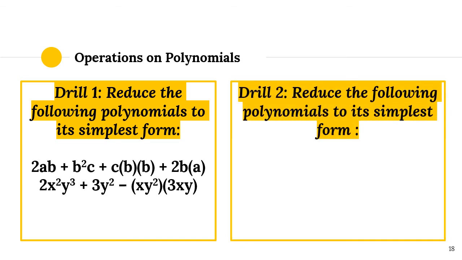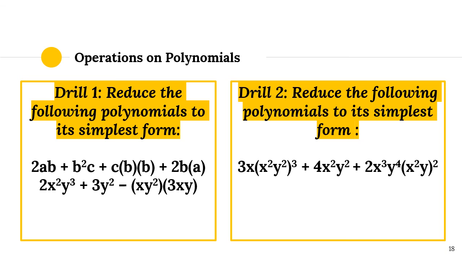Let's have drill number 2, something that's a little bit more challenging than the usual. So first we deal with the exponents. We have 3x times x squared y squared to the third. So simplifying, we get 3x to the 7th, y to the 6th.